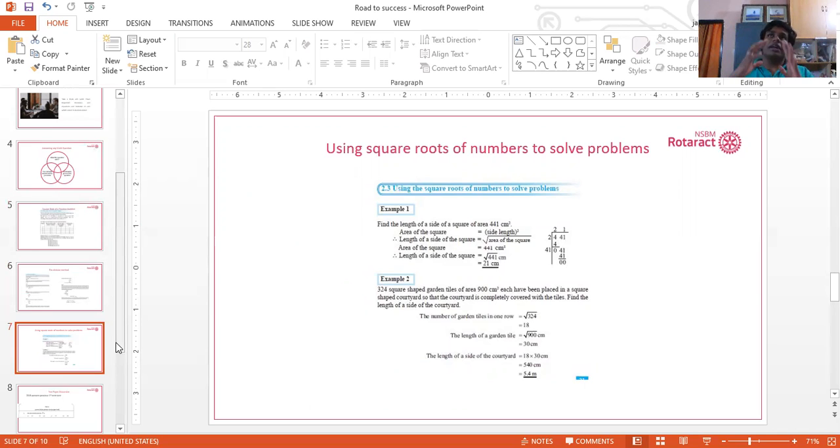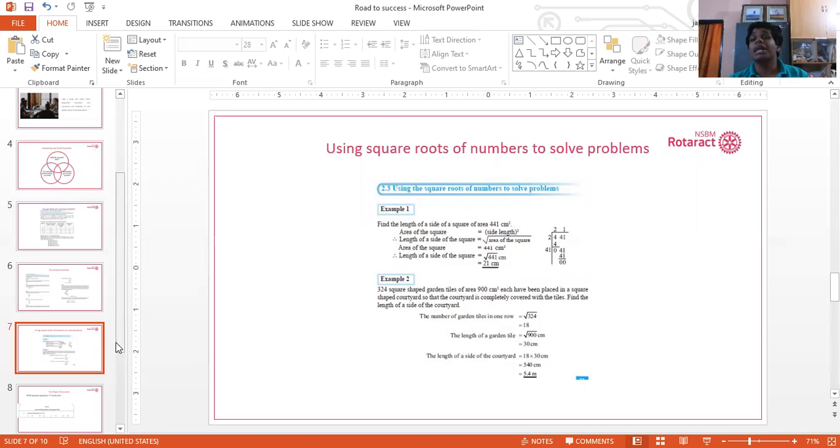As I said in the beginning, this chapter is about applying it, not just getting a value. To get the square root of a value there will be only one question, and that will be an easy question.